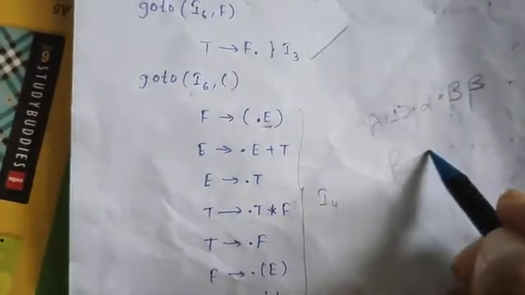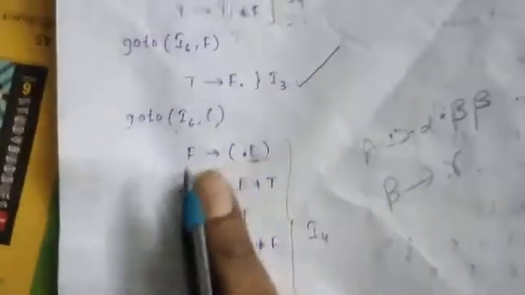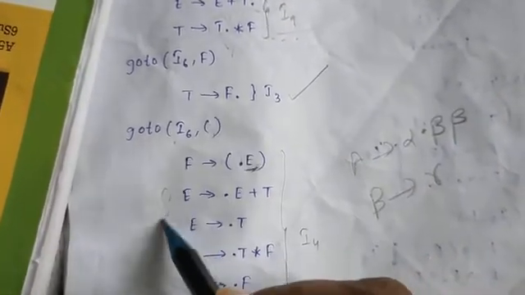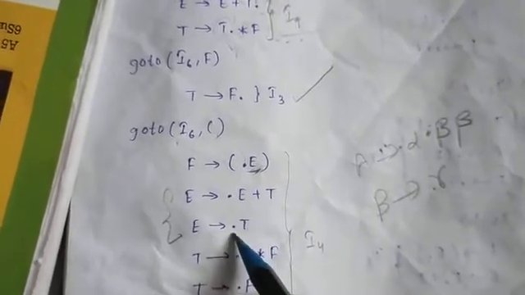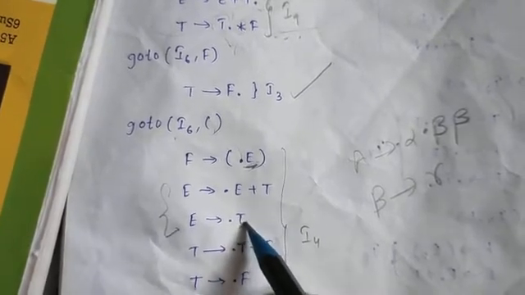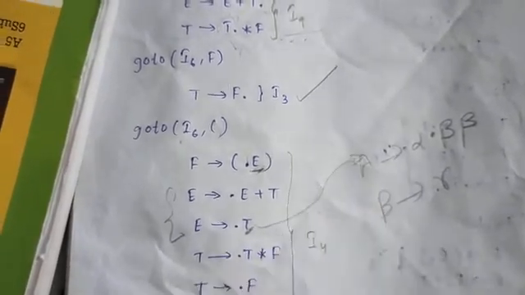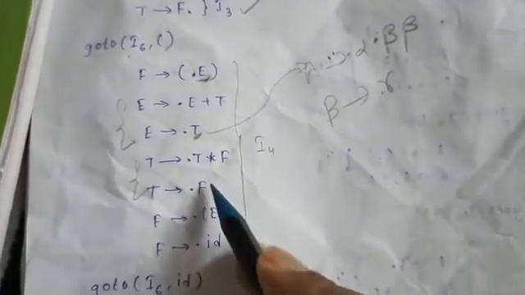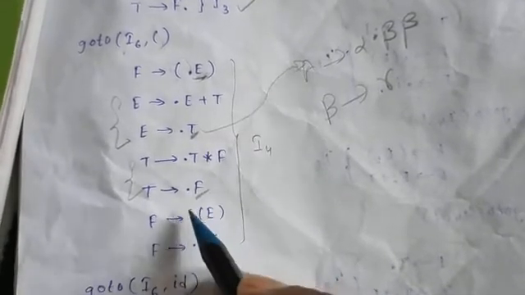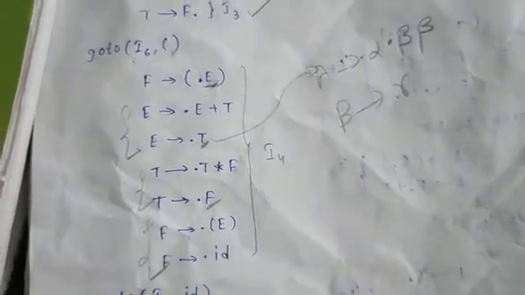Like that, the B production should be placed here. Here B is nothing but E, so we will replace the E productions. Again here dot T: the next of the dot is again a non-terminal, so it also matches this type of rule. Then we will place two T productions. Then again with the dot notation, next we have the non-terminal F, so we will replace the F productions like that. So the total thing will be completed.